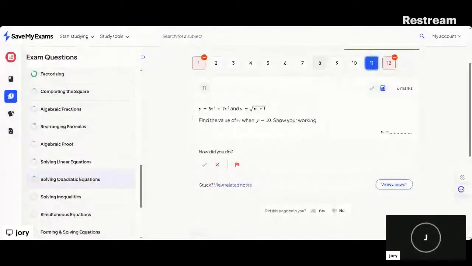Subtract 10, it's going to be 6w squared plus 19w plus 5 equals 0. And now I can factor, right? I think, yeah. It's going to be 6, 19, 5.